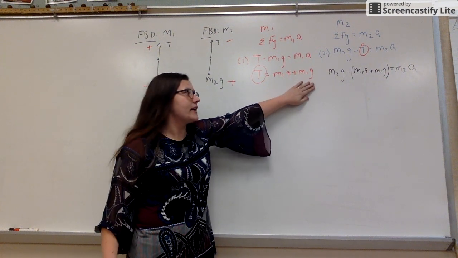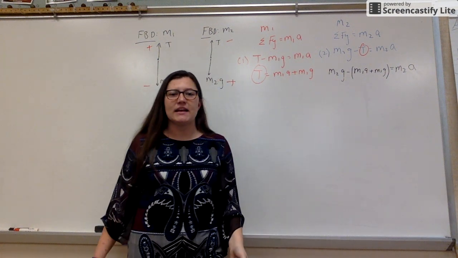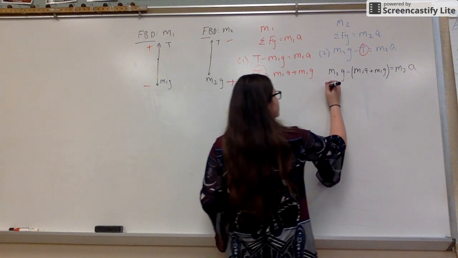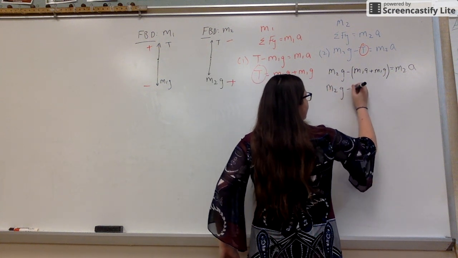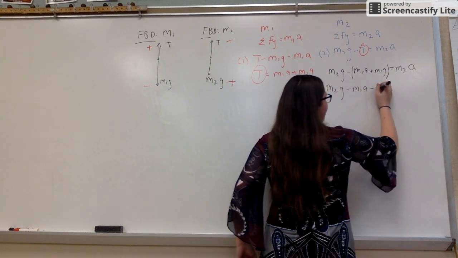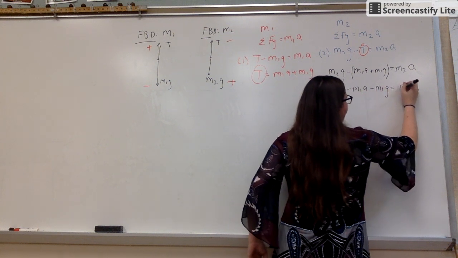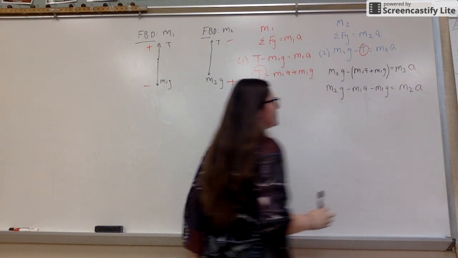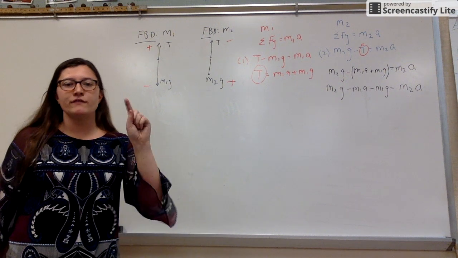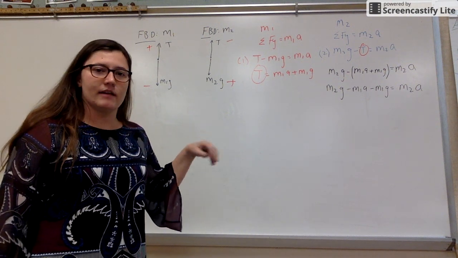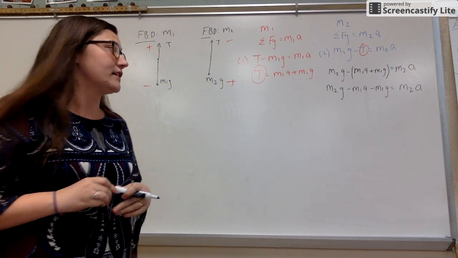So I plugged in this entire quantity for T. Don't forget to distribute that negative sign. Now we only have one variable in this equation. We eliminated T. We're going to solve for acceleration.